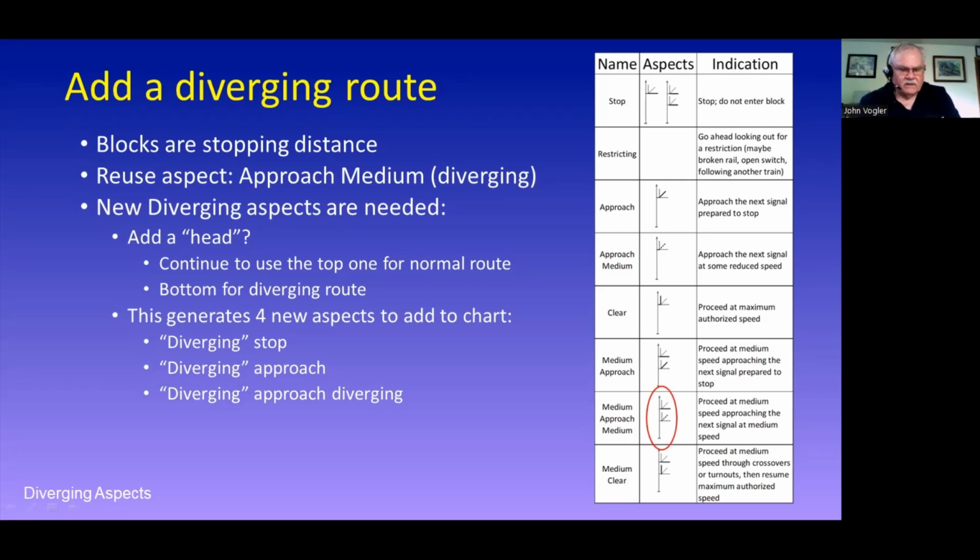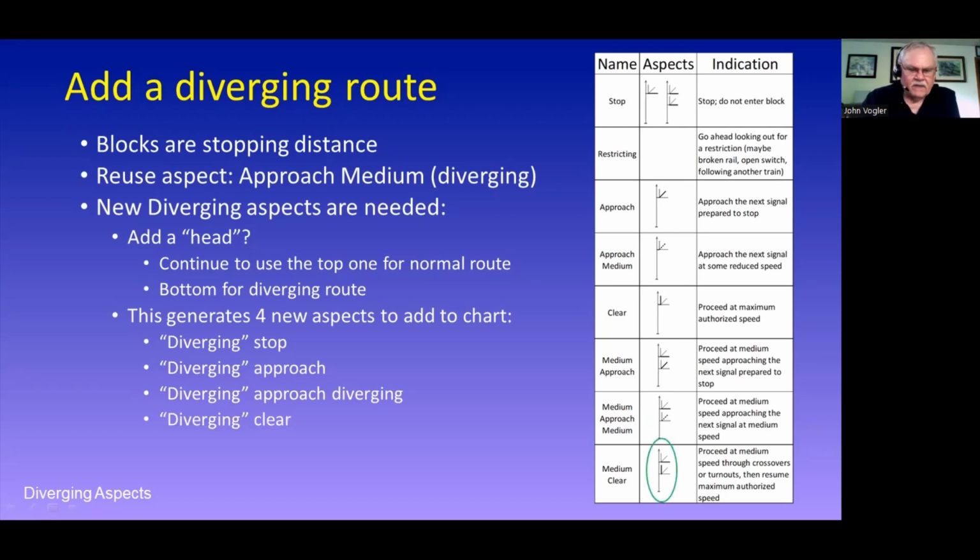We have the diverging approach diverging, which basically says approach the next signal prepared to diverge. Just like we had the approach diverging, now we have the medium. So proceed through the crossovers or switches and approach the next signal prepared to diverge again.